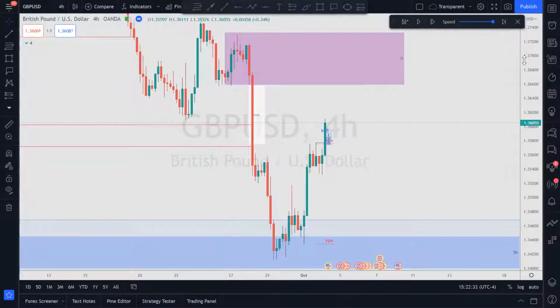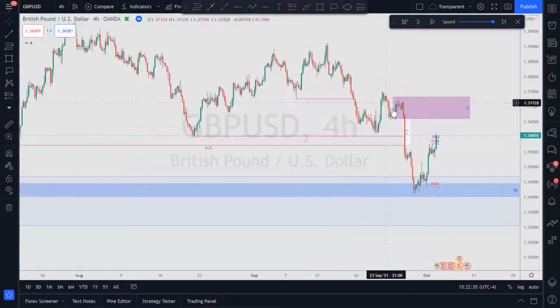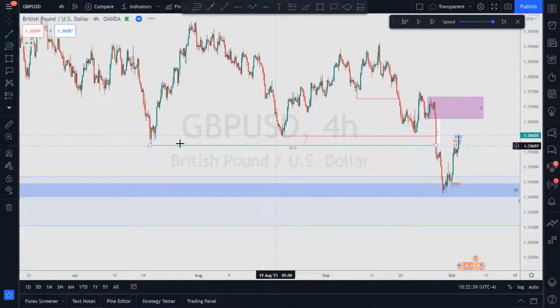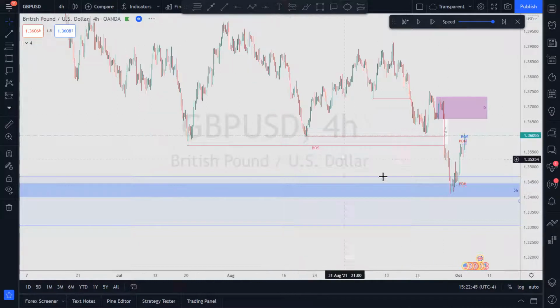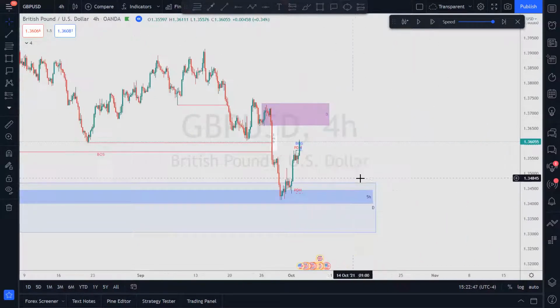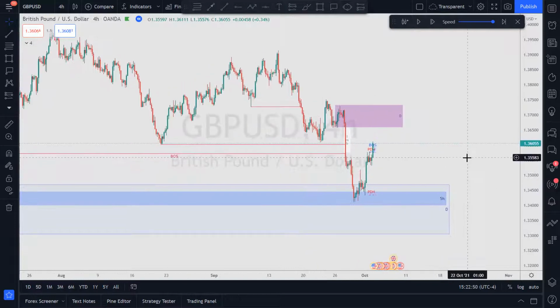You'll see that this is a bearish leg of structure here, where price has broken a structural point, a low, on the way down. And when you break structure on the way down, what do we expect? We expect price to give a return to impulse.